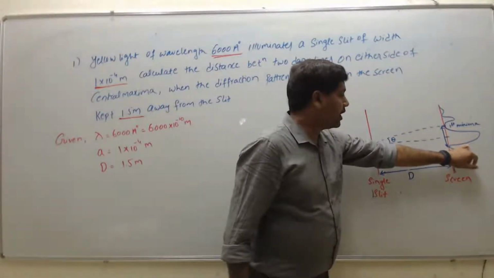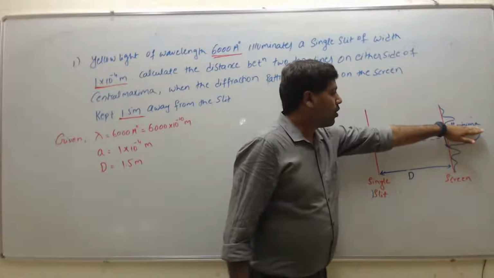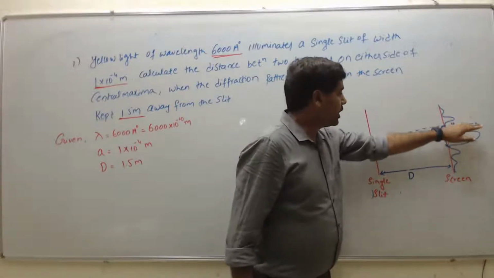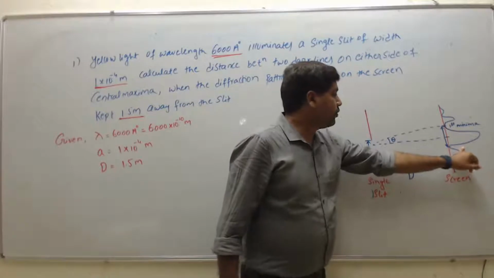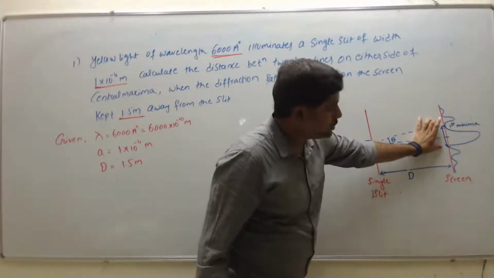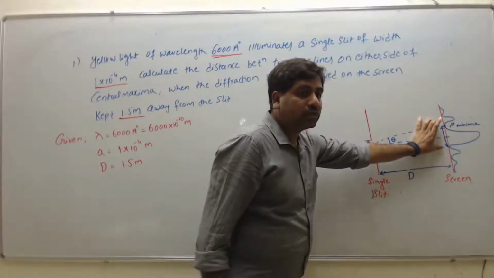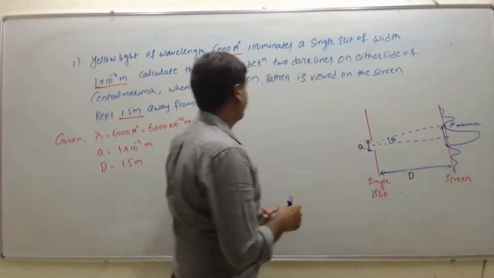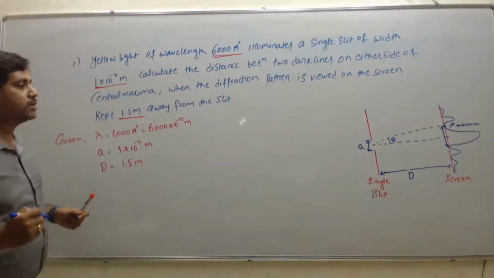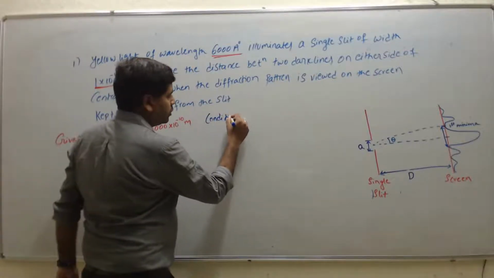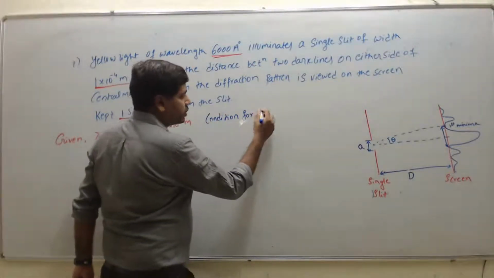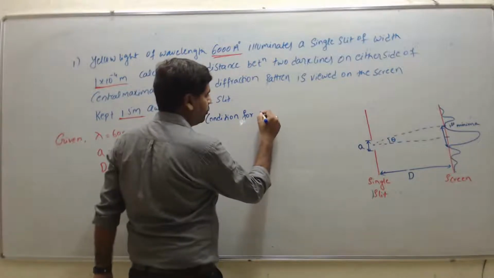On the top side we have the first minimum, and on the bottom side we also have one first minimum. We have to find the distance between these two first minima. Then similarly, first we have to write the condition for minimum.